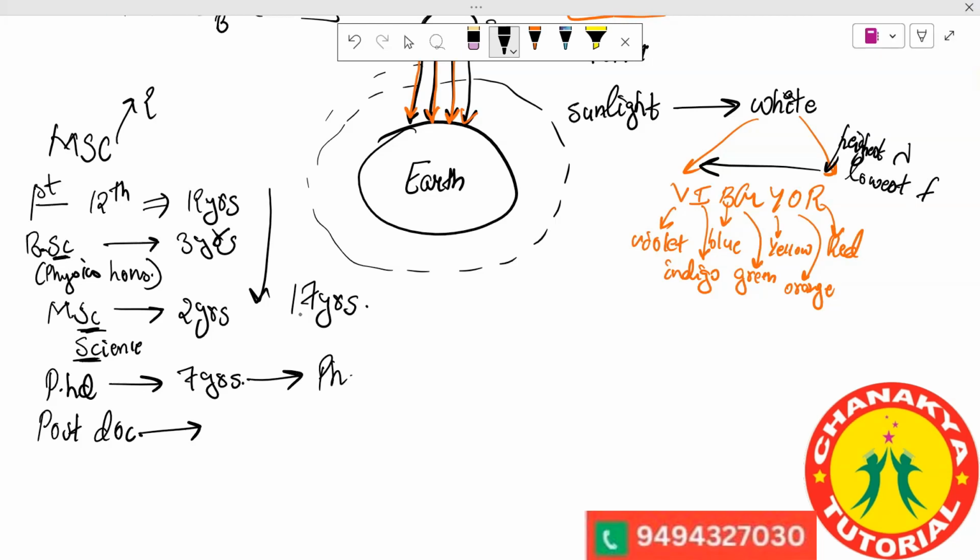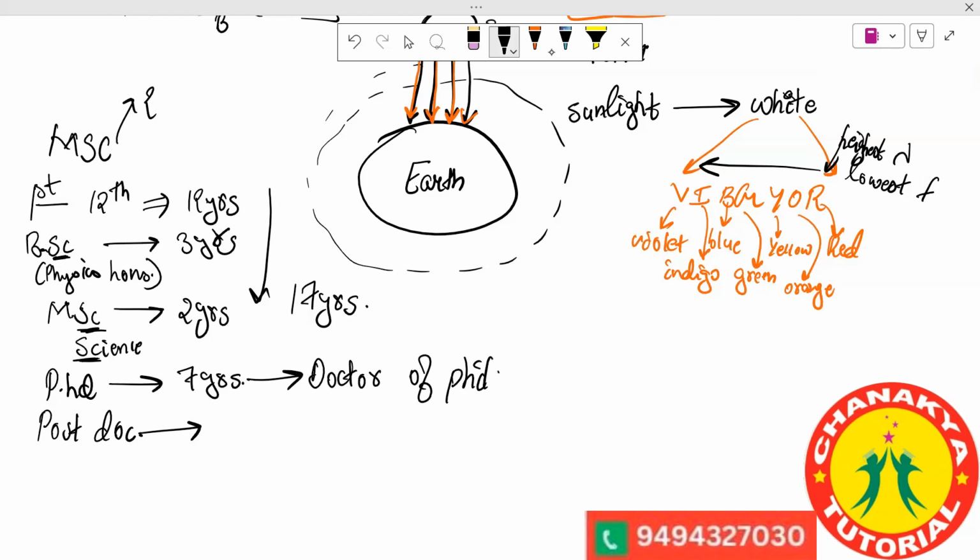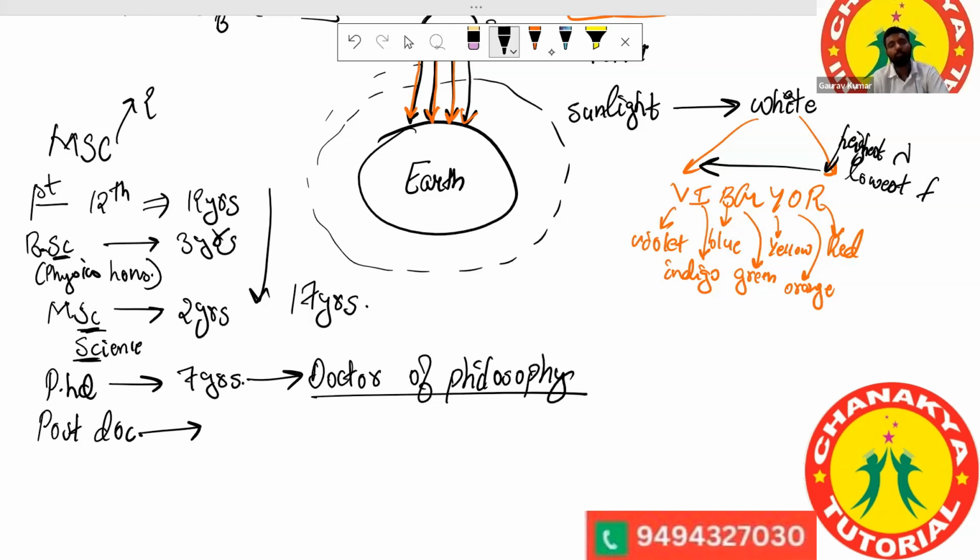Yes, it's doctorate in philosophy. Anyone who pursues much higher studies in some core subject does a PhD. That is full research in a particular topic.